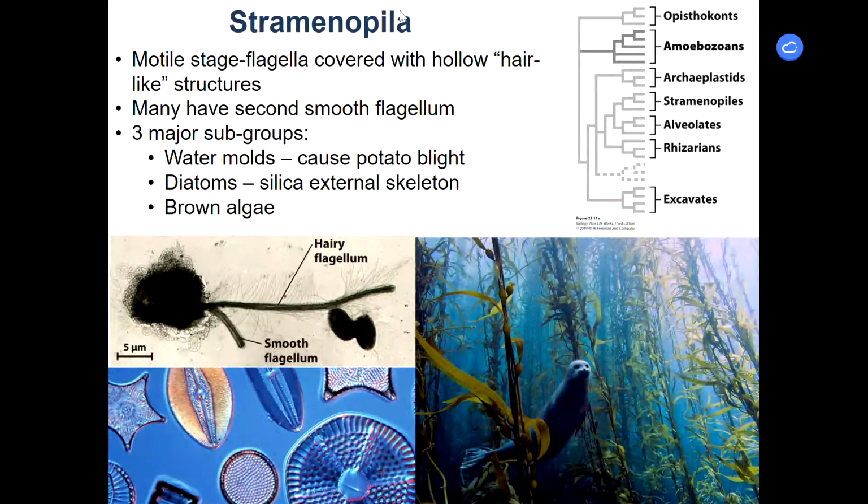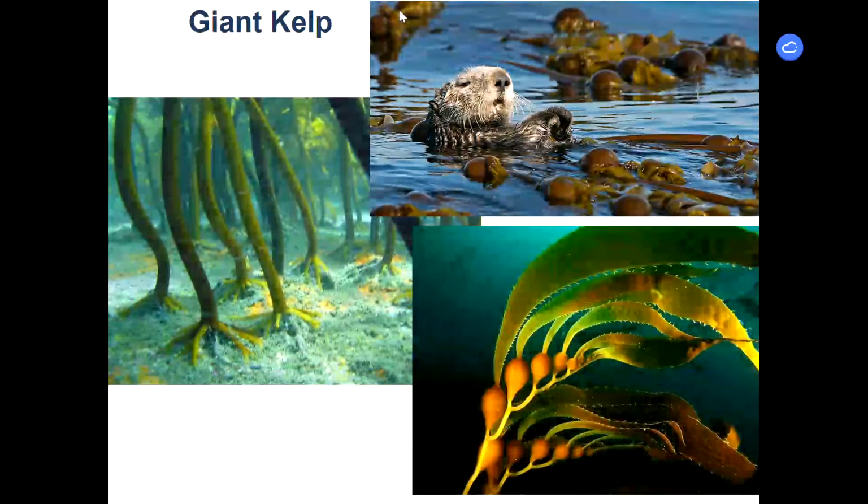It is giant. Most of the organisms in Stromenopelia are unicellular. They're very small. You have to look under a microscope to see them. Brown algae, that is not always the case. In the case of giant kelp, they have developed distinct organs for attachment. So they have distinct parts of their body that help them attach to the ocean floor.